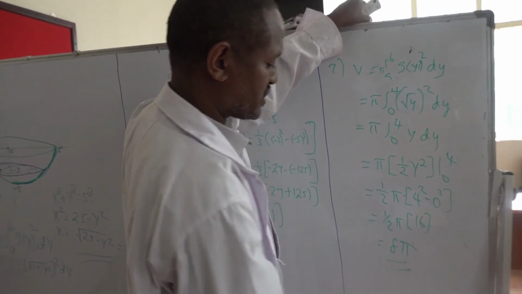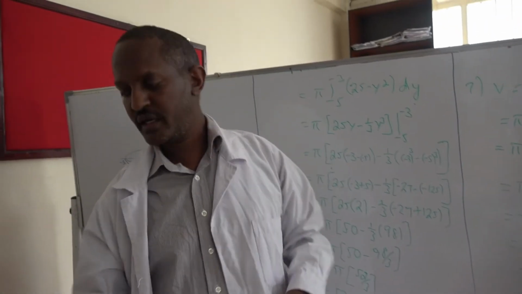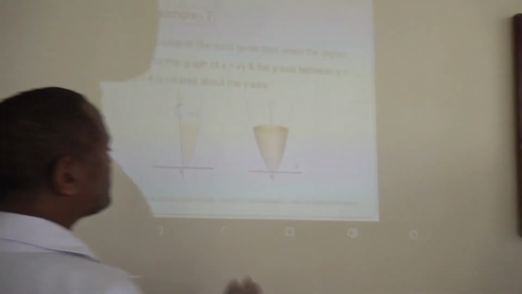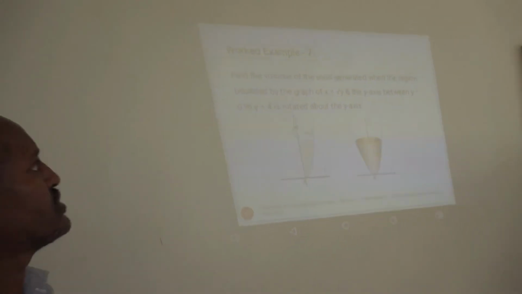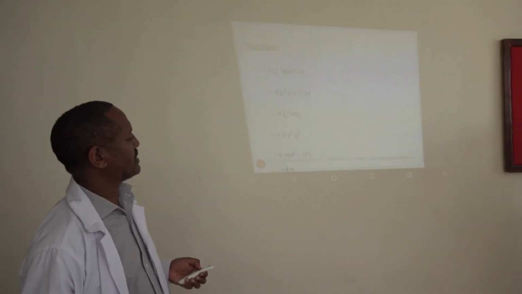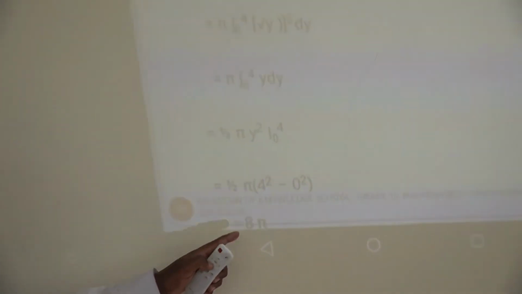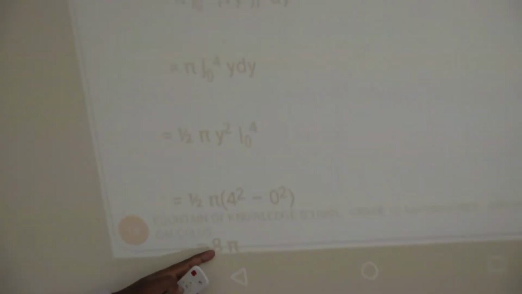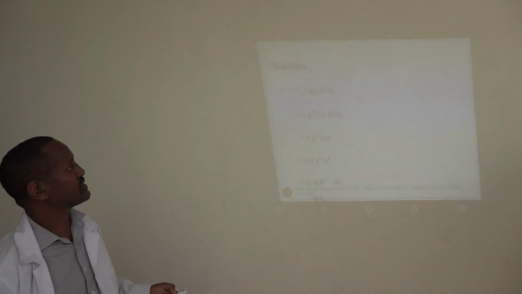Therefore, the volume of the solid figure will be 8 pi cubic units. So by this, we have come to the end of our worked examples. I think the answer is 8 pi. Good, that is 8 pi, we are correct.